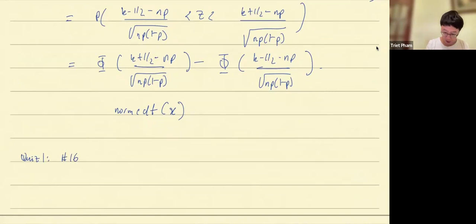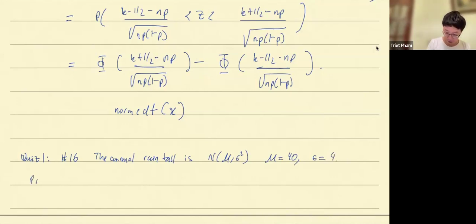The annual rainfall is normal with mu and sigma squared, where mu equals 40 and sigma equals 4.